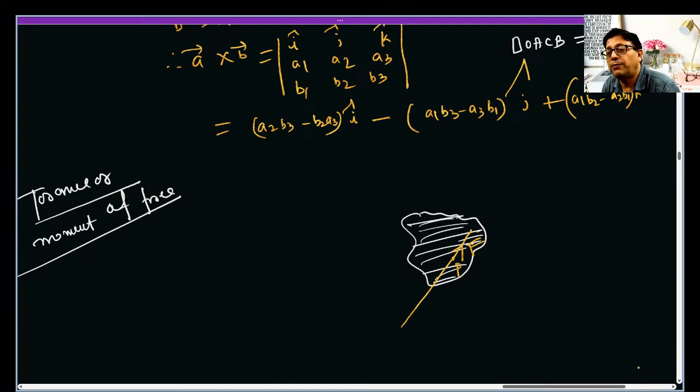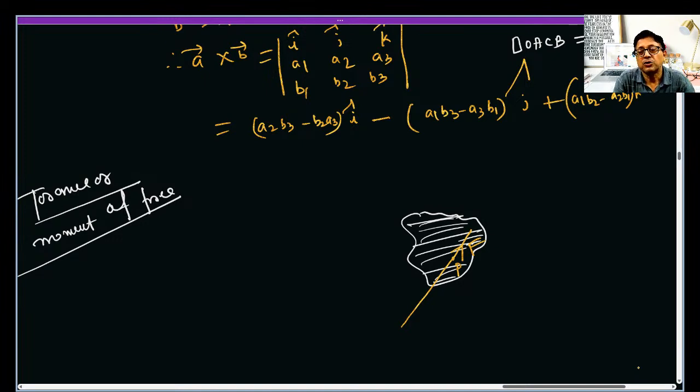Whenever you define moment of force, you need a point. About that, moment will be there. I just tell you. Do you think the rotational effect of this pen will be the same when we apply force here or here? No. Rotational effect will be more here. Rotational effect will be less here. We will say that more torque acts here, less torque acts here.